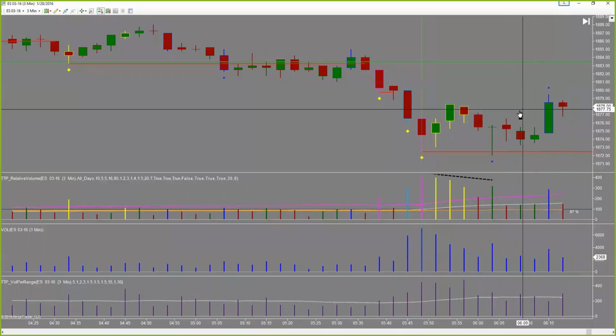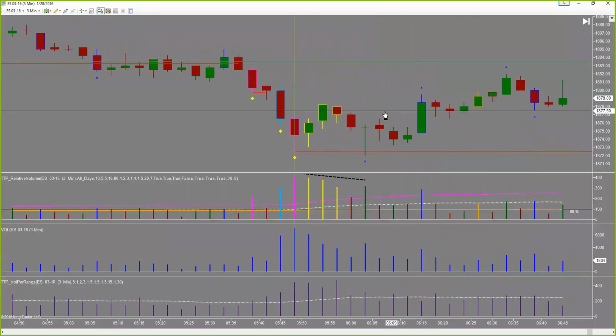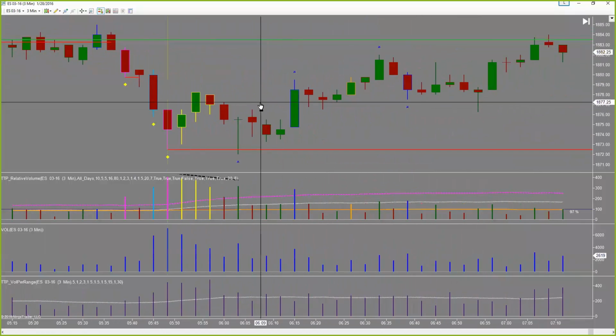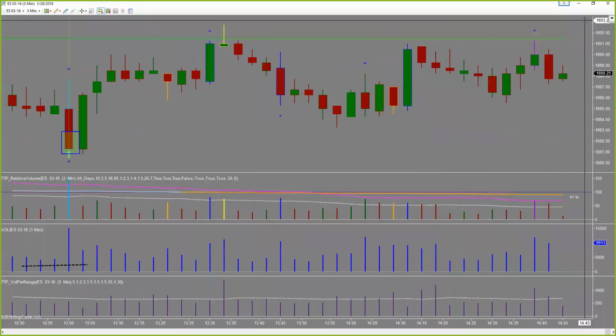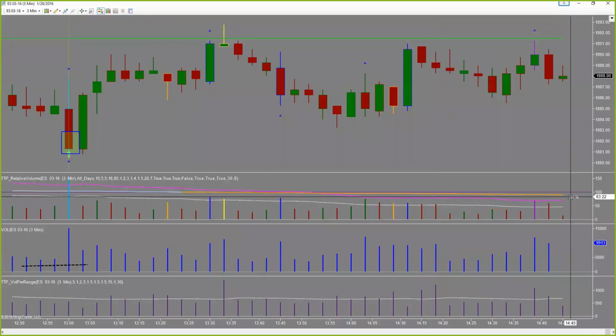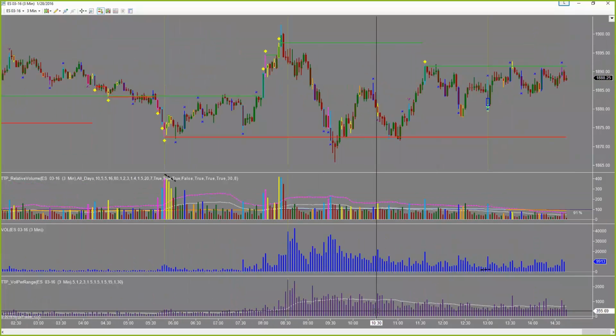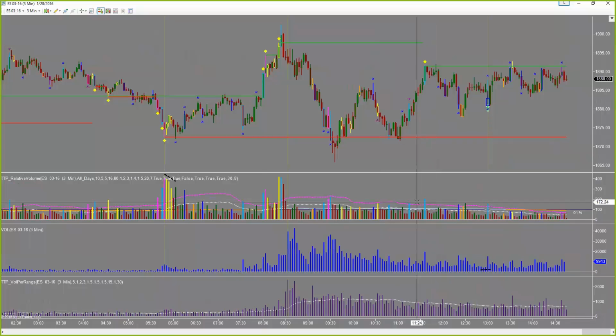So if that volume starts increasing or decreasing, then you know that you've got more volume coming in or less volume coming in. I think today we had pretty low volume. See, it ended up about 90%. So that's typically a low volume day. You can see that the volume was dropping off.